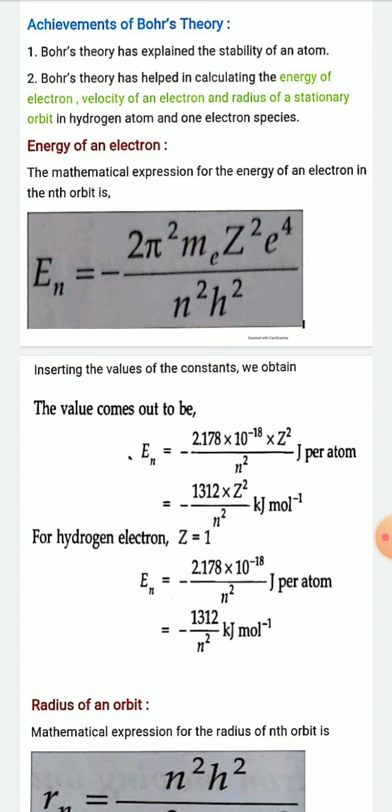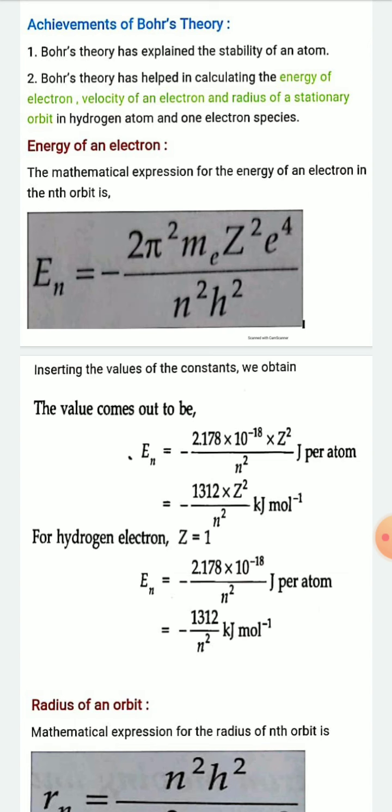En is equal to minus 2.178 into 10 to the power minus 18 z square divided by n square in joule per atom unit.